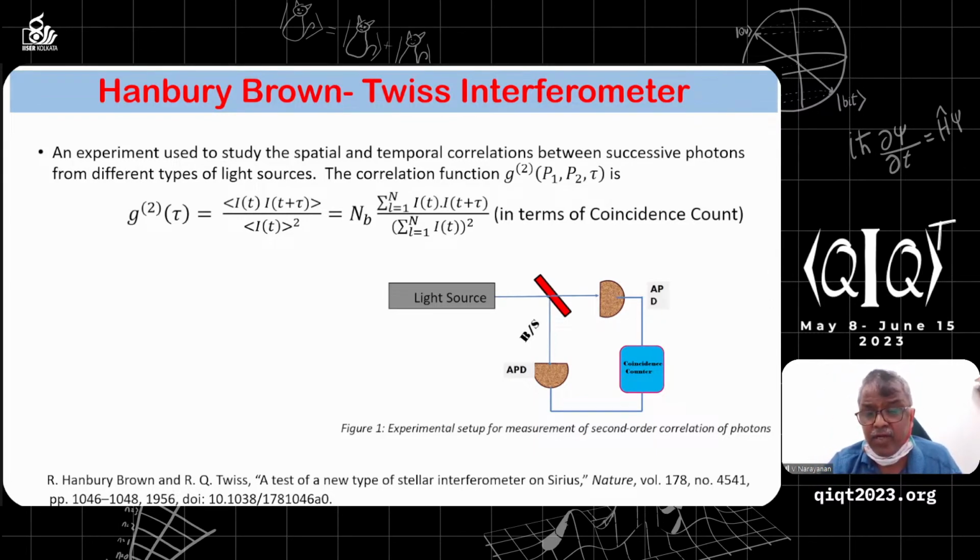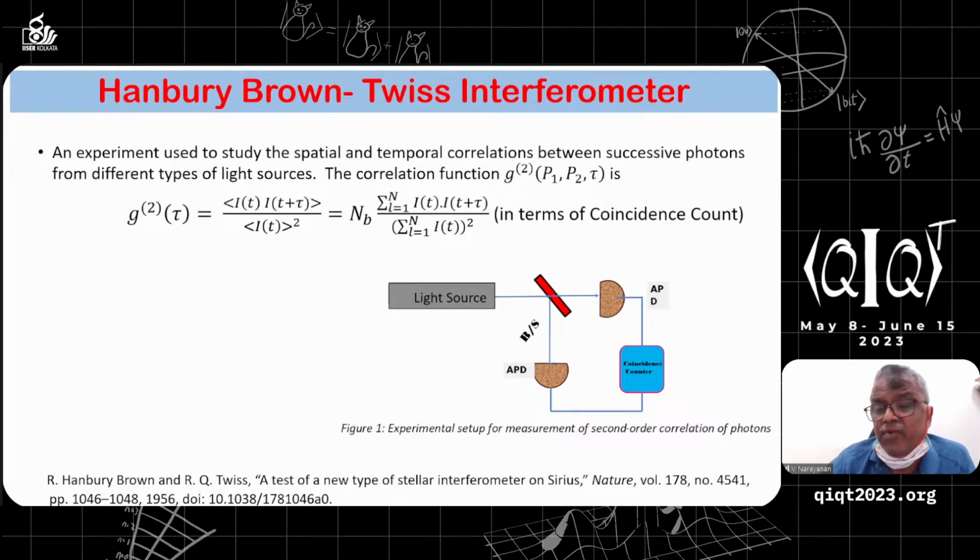In order to look at what kind of photons one has generated, way back in the early 1950s, there was the Hanbury Brown and Twiss experiment, or the second order correlation, the G2 function, which is used to characterize different light sources. One can see here a typical setup of a light source with a 50-50 beam splitter, and you put a sensitive PMT, avalanche photodiode or single photon detector at each arm of the interferometer.